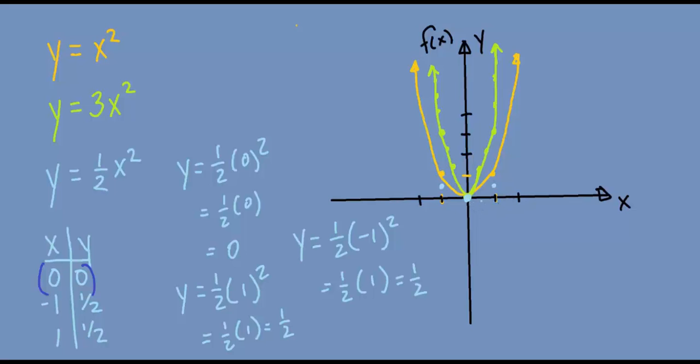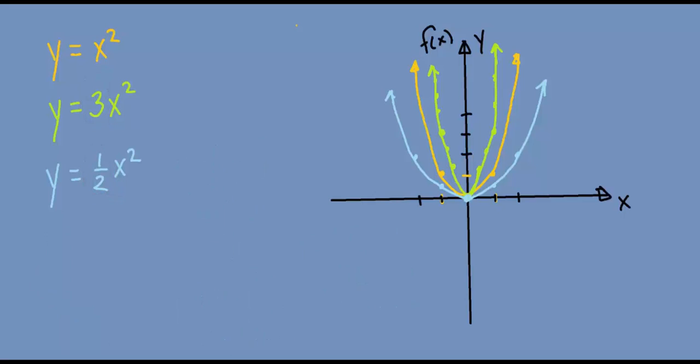So we'd get over 2, up 2. And the same thing would happen at -2. We'd plug in a -2 and get a positive 2. So here's the parabola for the 1/2 x squared. Notice that gave us a wider parabola. So that number out in front of the x squared being multiplied affects the narrowness or width of the parabola.